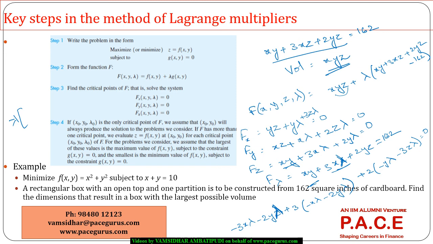I'm taking minus lambda out completely. So this is 3x and this is also 3x, making it 6x. And this is equal to 162.